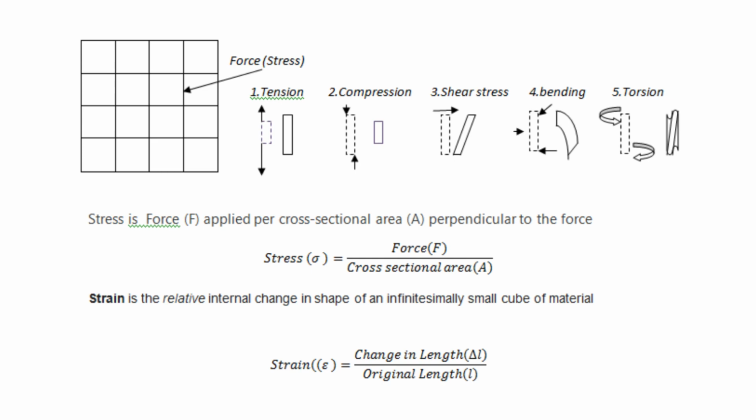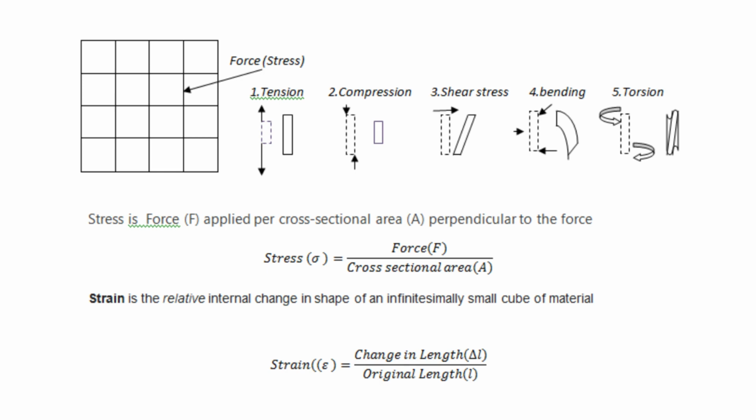You can see from the diagram the dotted one is the initial size of the object. After tension it is elongated, and after compression the object becomes smaller. By shear stress, the object just shifts. In bending stress the object bends, and torsion stress is like a screw, the object becomes twisted like a screw.